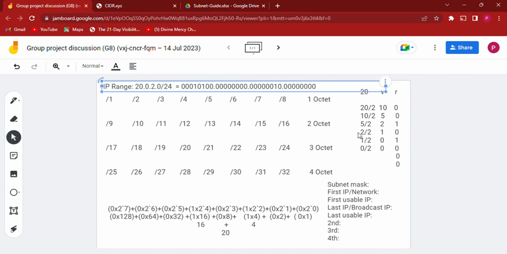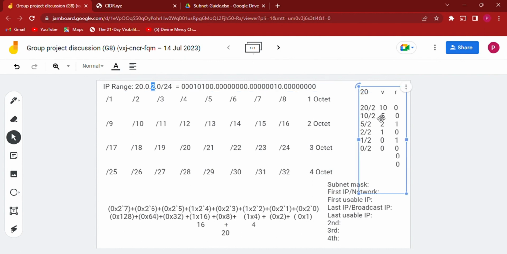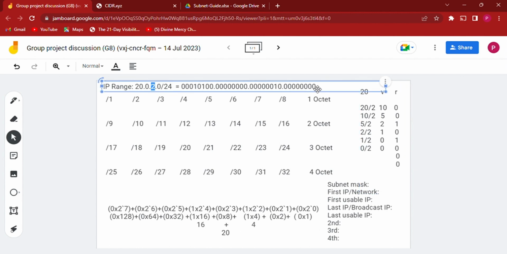So you can go through this method to try your hands on several numbers, or you can try your hands on even the 2 to see if you understand how to convert to base 2. Okay, so this is the value you get.